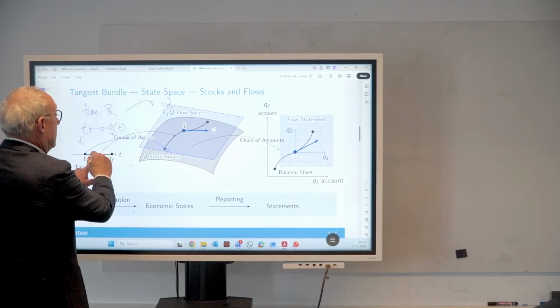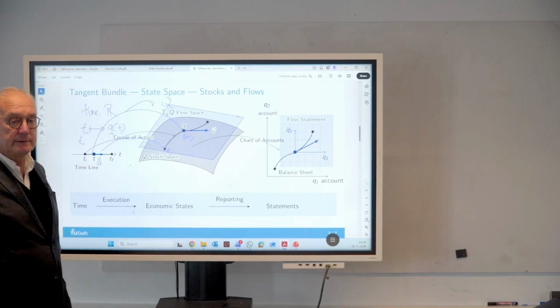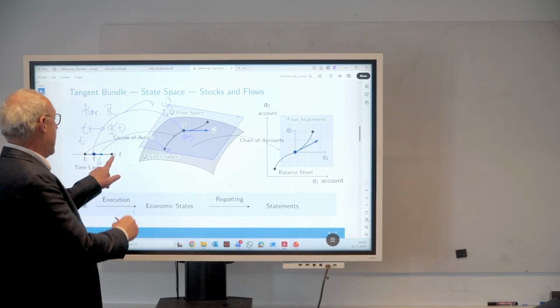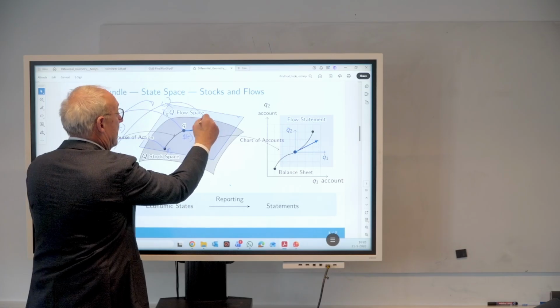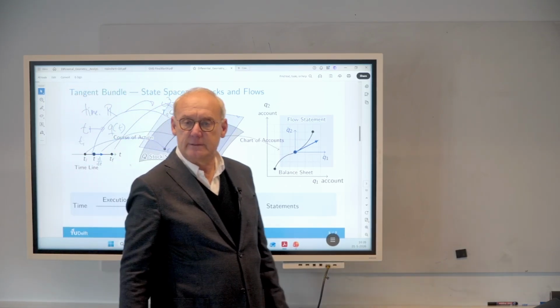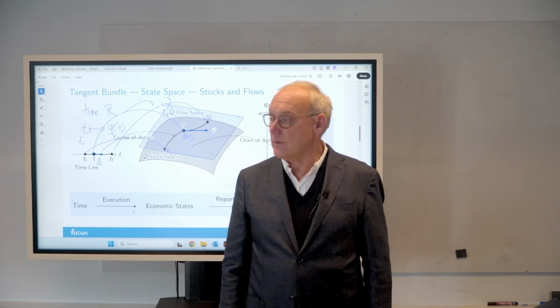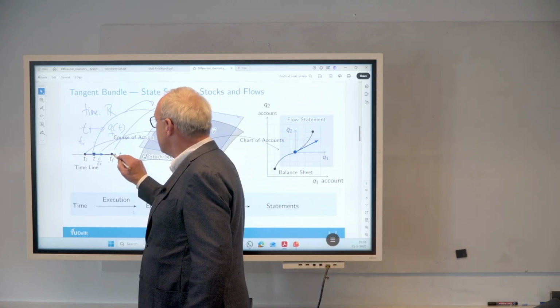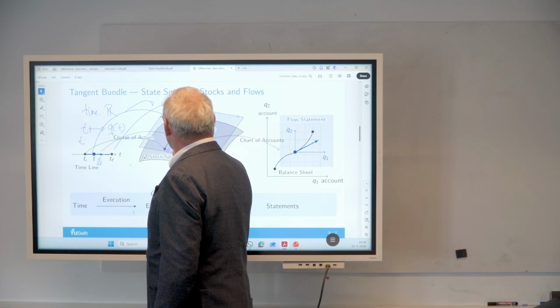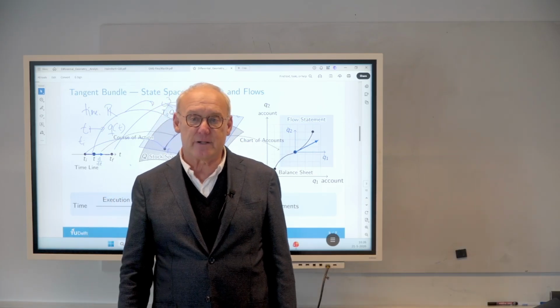At T, you go to this Q at T, right? At the final time, you go over there, T final. All right? Okay? So the domain here is this thing, and the image or the range is this path in space, okay?